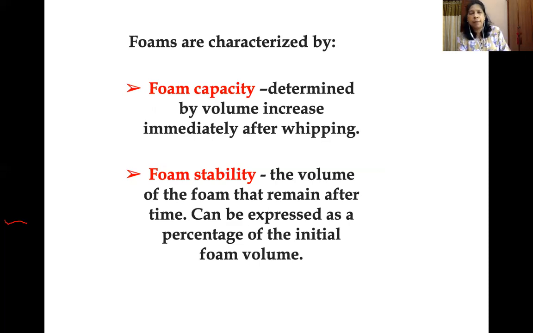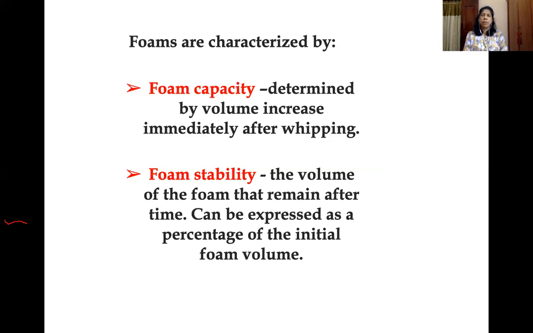And as mentioned earlier, emulsification capacity and emulsification stability, the foam also has foam capacity and foam stability. So the foam capacity is determined by volume increase immediately after whipping, and foam stability is defined as the volume of the foam that remains after time, which can be expressed as a percentage of the initial foam volume.